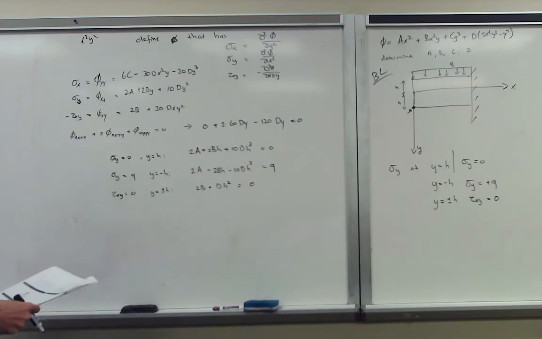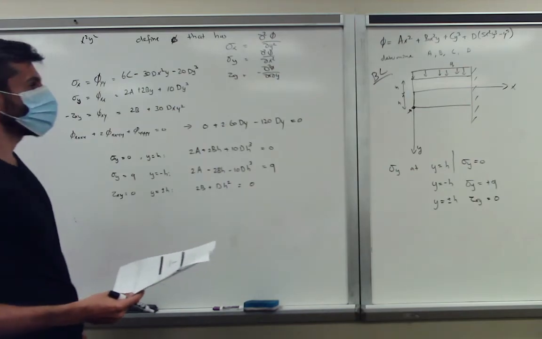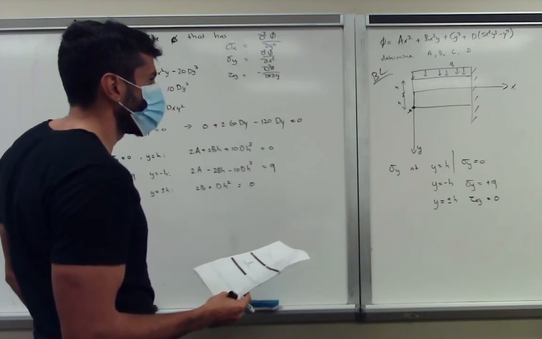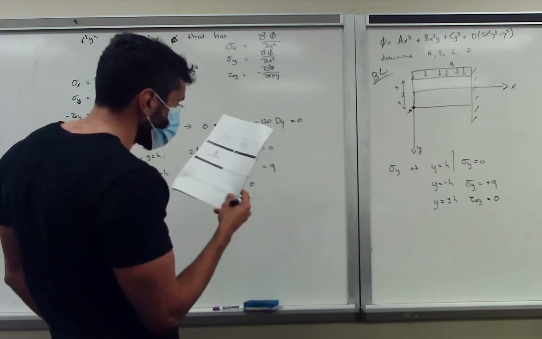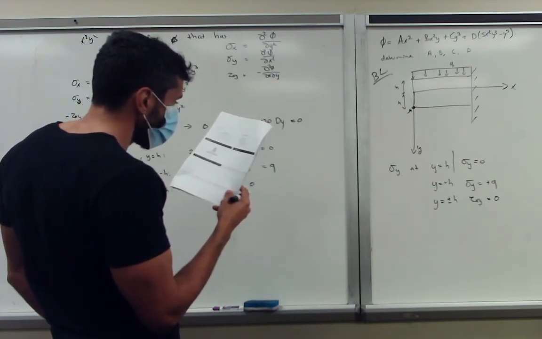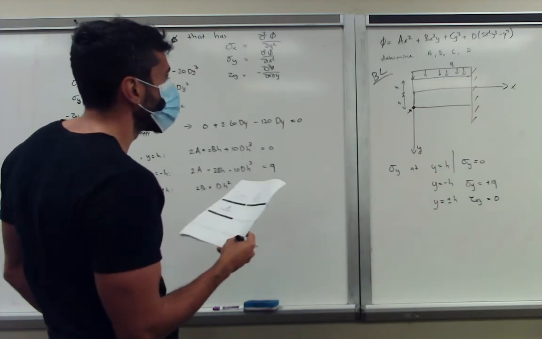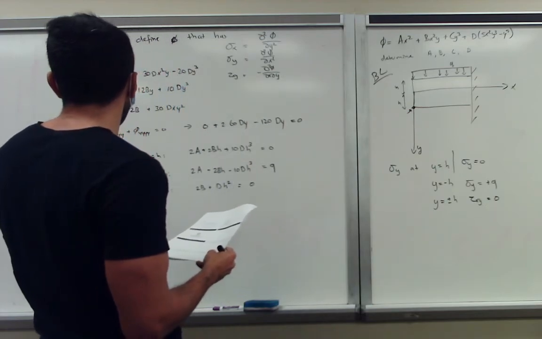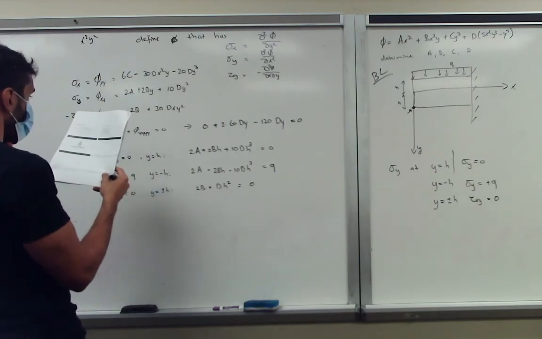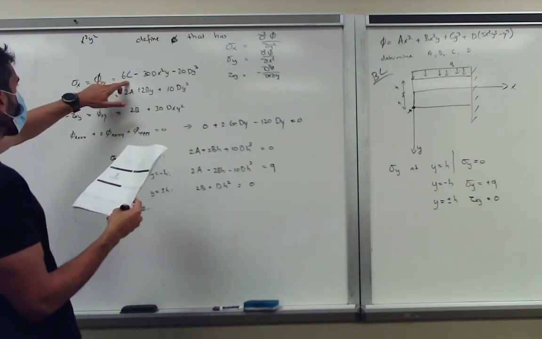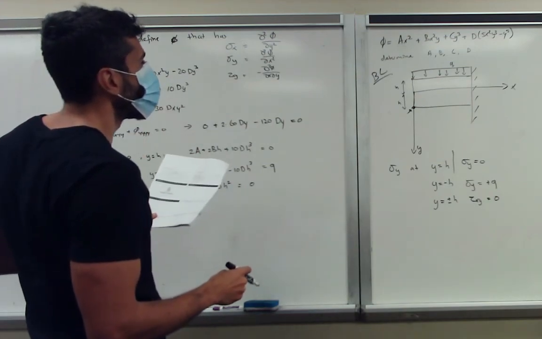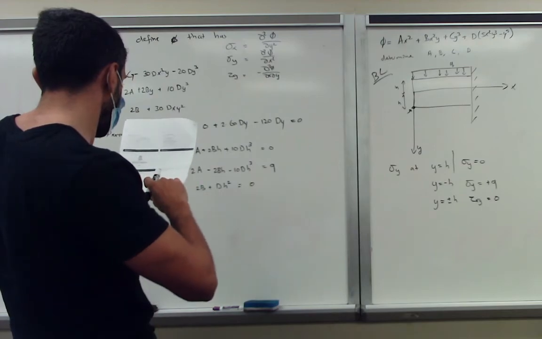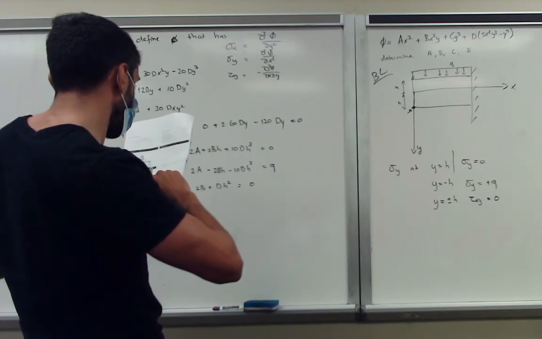I'm missing y. I want to check again why I'm missing my x. Tau xy, there should be an x after the b. I'm thinking why I'm missing that x here. And there is one more for sigma x. There should be y after 6c. This one? Yeah, so it's c y cubed. Yeah, you're correct.